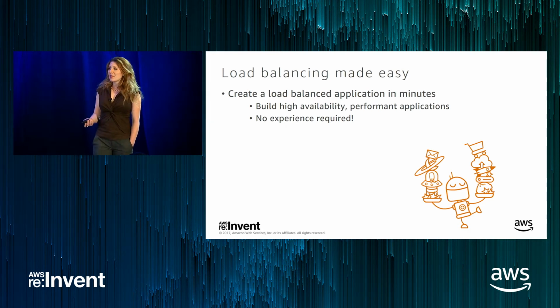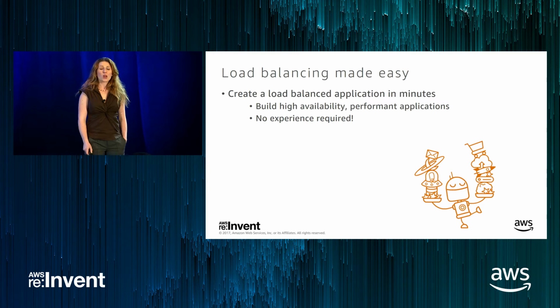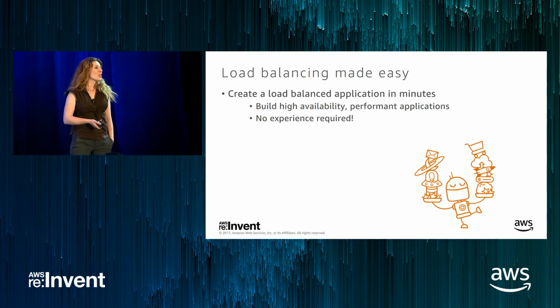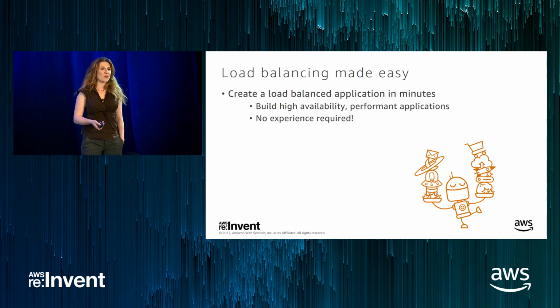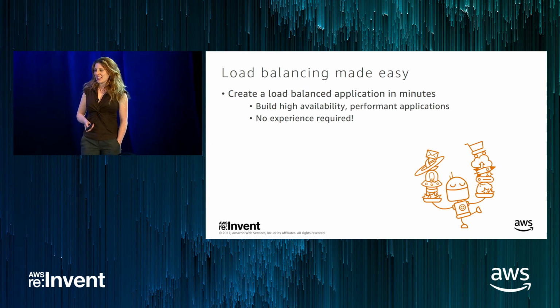And if the ping comes back with an error, then we don't send traffic to that instance. We also allow you to architect for high availability by having your instances across availability zones. So it doesn't matter to the load balancer what availability zone the instance is in, it'll route traffic to it just the same.